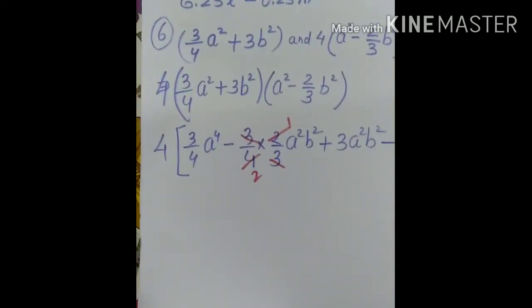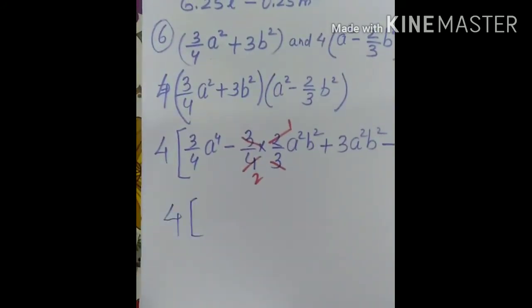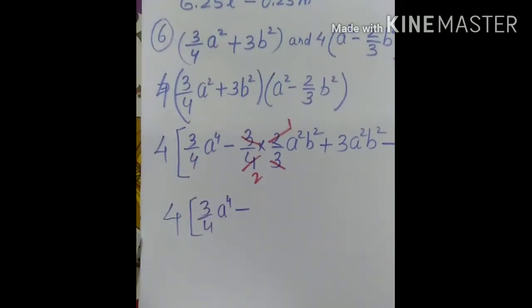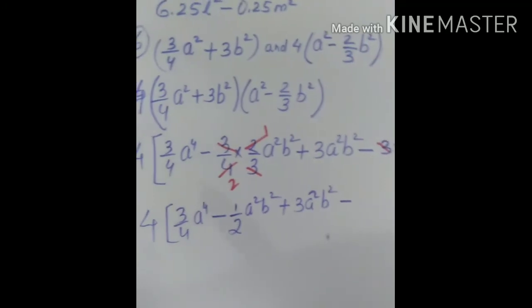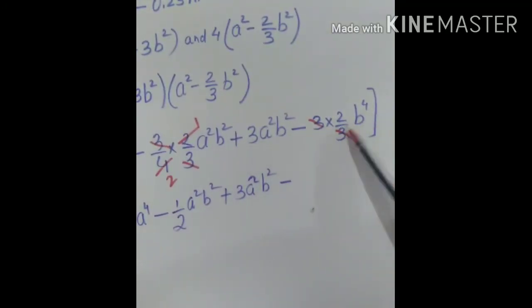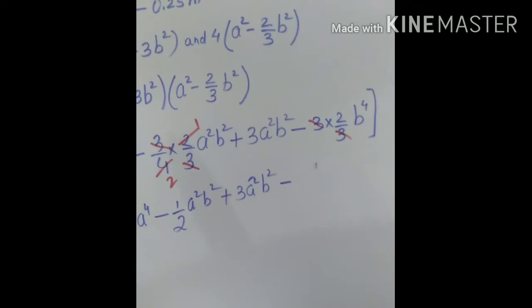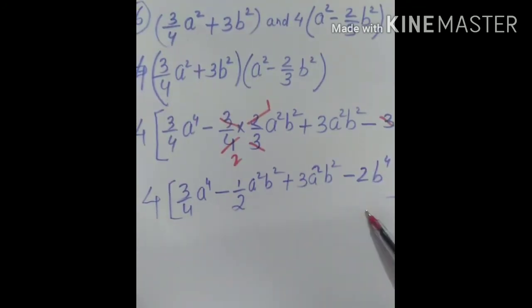So now this equals 4 multiplied by 3 upon 4 a to the power 4 minus 1 upon 2 a square b square plus 3a square b square minus 2b to the power 4. Now the 4 is multiplied with the inside terms. When 4 is multiplied to 3 upon 4, this 4 and this 4 will cancel off.